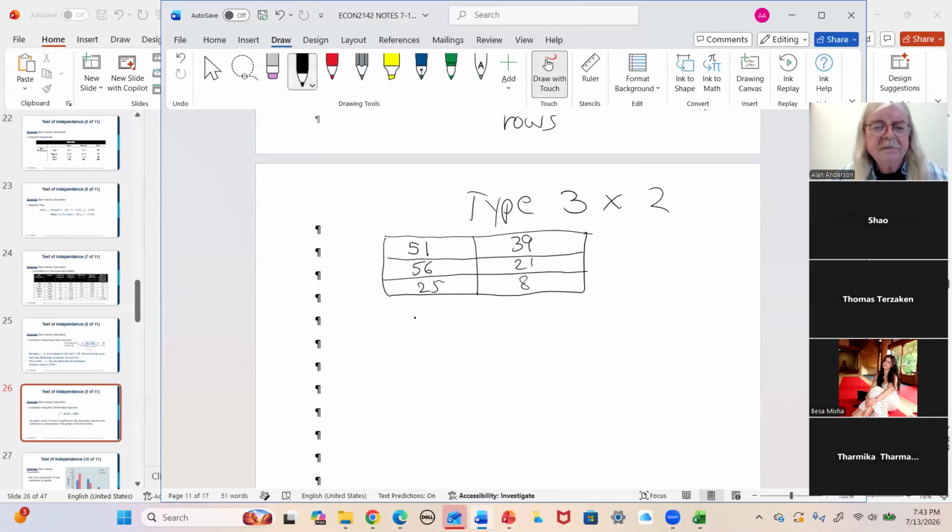Stat, tests. And the one you want is letter C, chi-squared test.